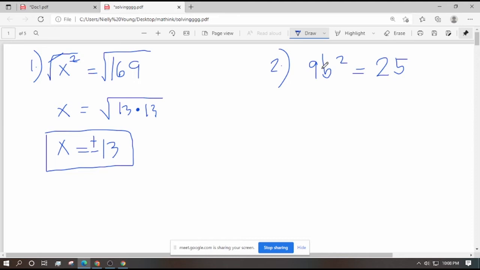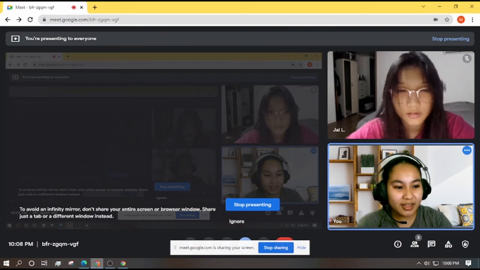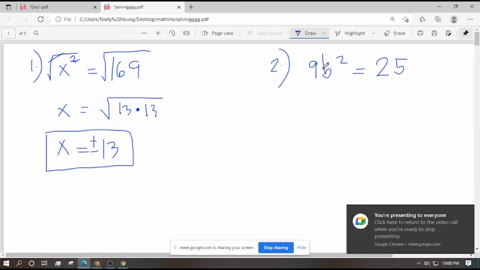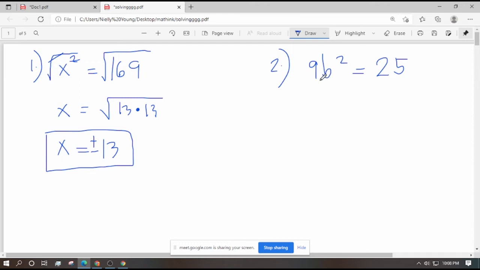So, what is the coefficient of 9b squared? The number beside b squared, the number beside the letter b.